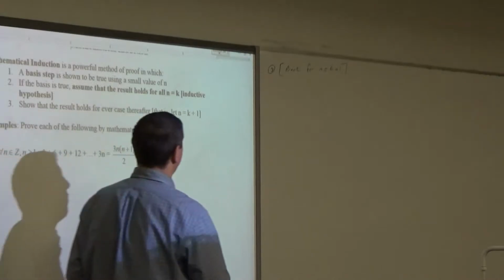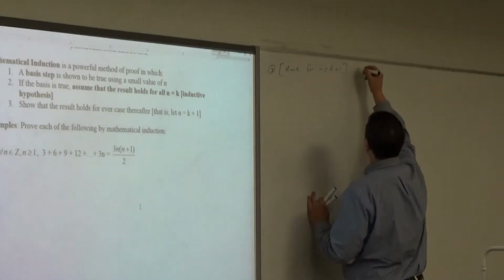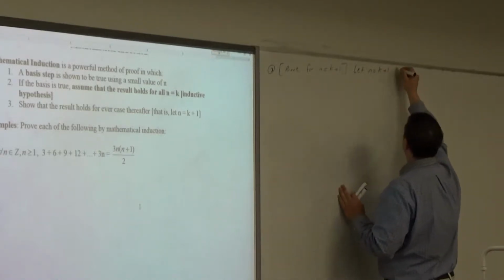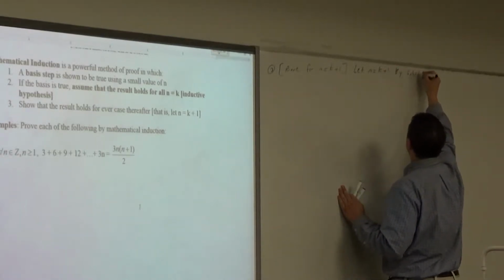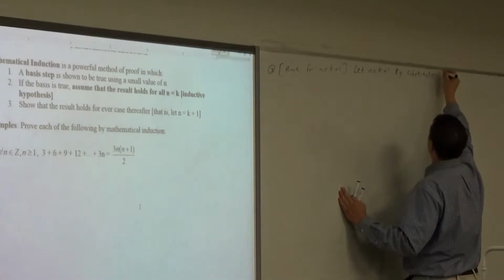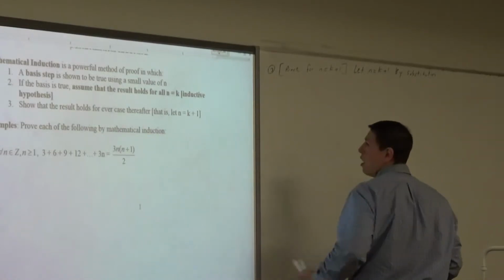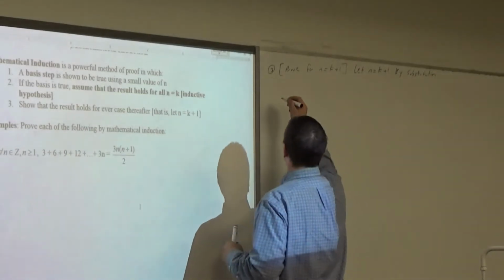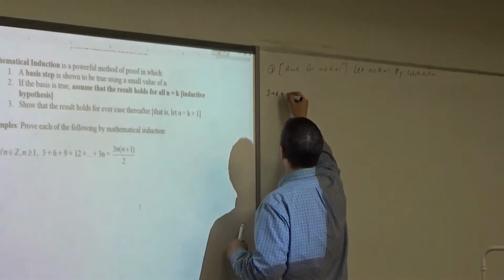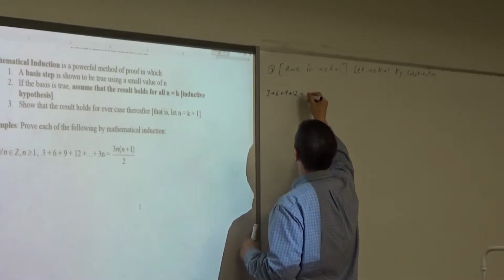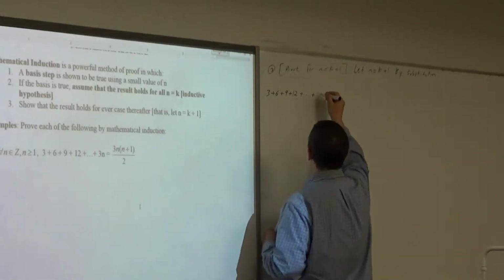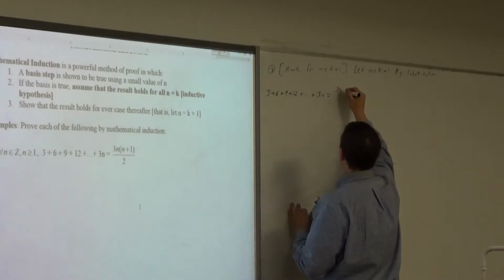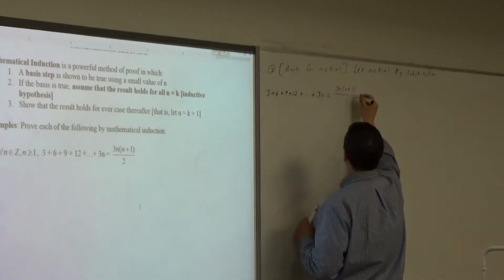By substitution, the formula that we have up top, this guy right here, 3 plus 6 plus 9 plus 12 plus and so on plus 3n, is equal to 3n times n plus 1, divided by 2.